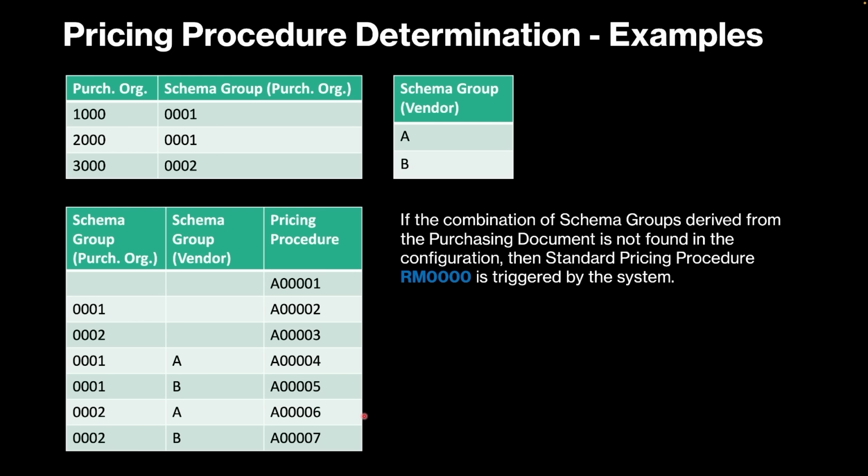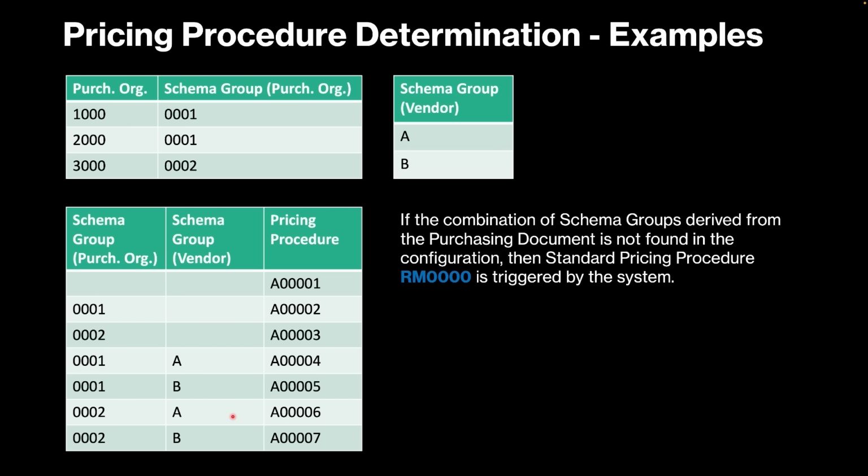So you can configure pricing procedure determination independent of these two schemas also, that is against a blank schema group for purchase organization and a blank schema group for vendor. And based on all these combinations, system will check what schema group has been assigned to your purchase organization, which is entered in the purchase order, and what schema group has been assigned to your vendor.